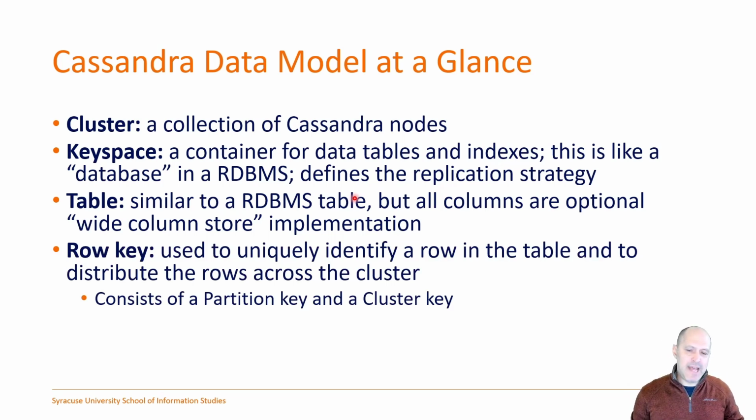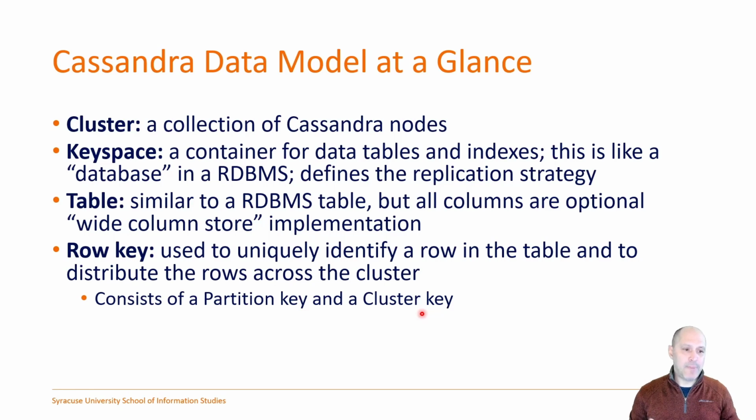The only difference is that you have to specify a partition key and a cluster key. And if you only specify one of these, it functions as both. So if I just said, int identity or whatever, which they don't really have in Cassandra, and then I said that's going to be my only key, that key functions as both a partition key and a cluster key.